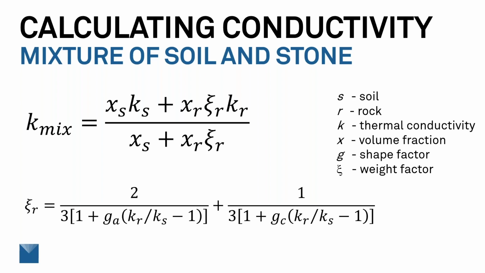Well, if you think about the example that I gave between a parallel and a series arrangement of the conducting elements, you can think of those as end members, and this weighting factor tells you where you are between those two end members.